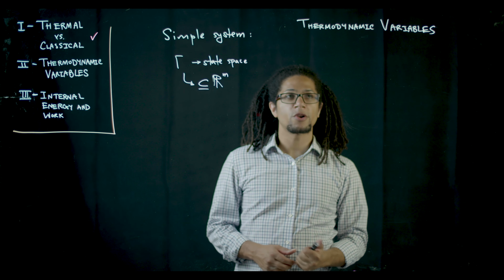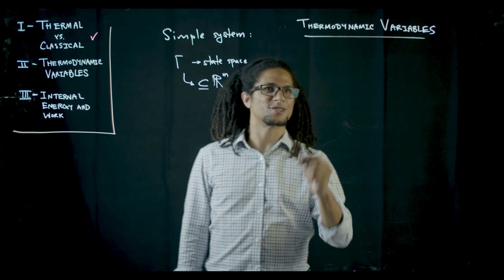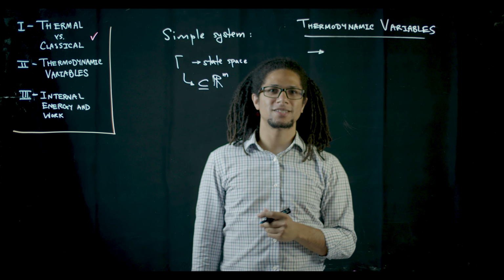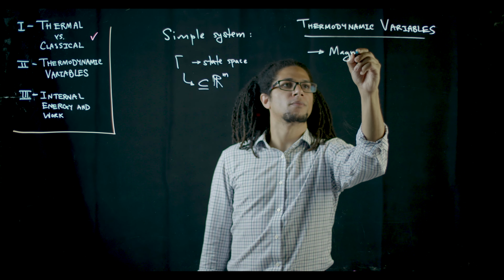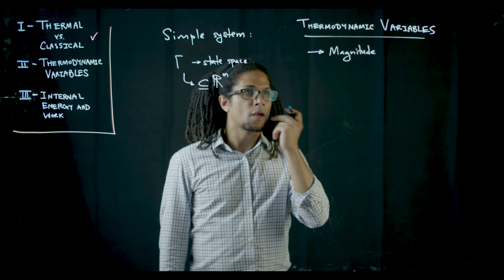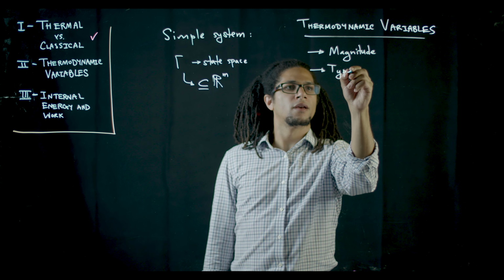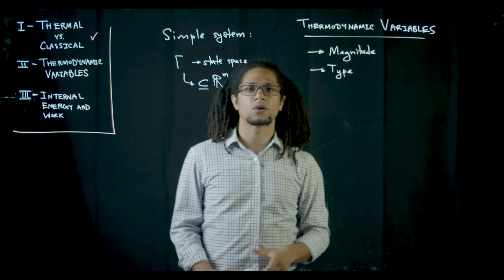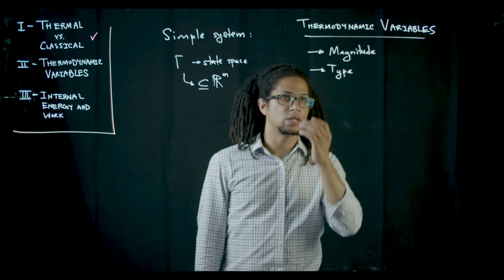Okay, thermodynamic variables have at least 2 features. The first is that each one has a magnitude. And the second is that each has a type. Now, I'm going to use the term type here rather than unit, which typically would be used in this context.